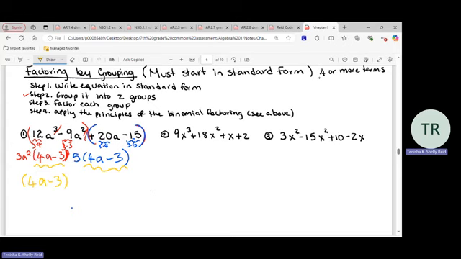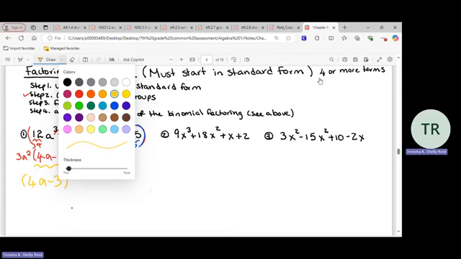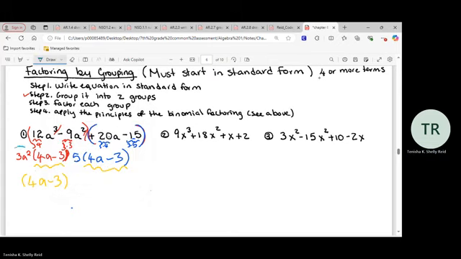And the leftovers get their own parentheses. So it becomes 3a squared plus 5. That is my answer.